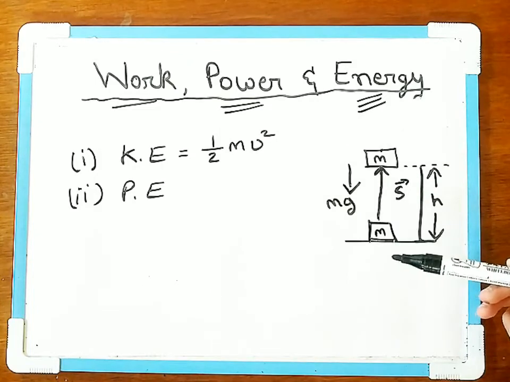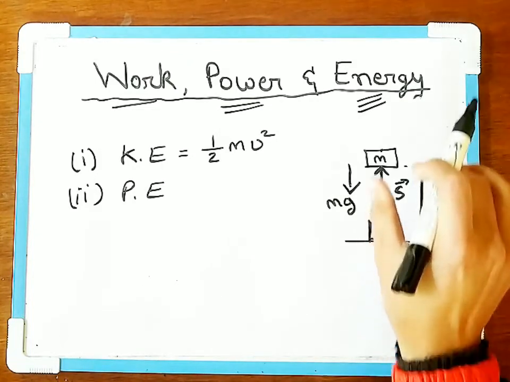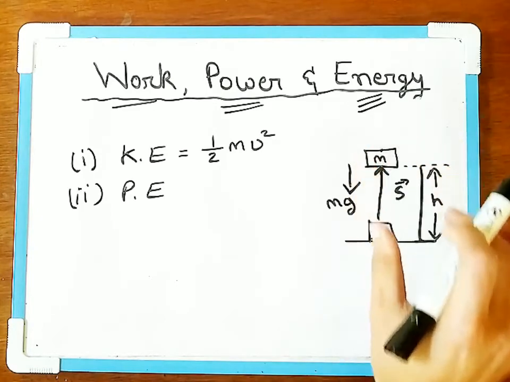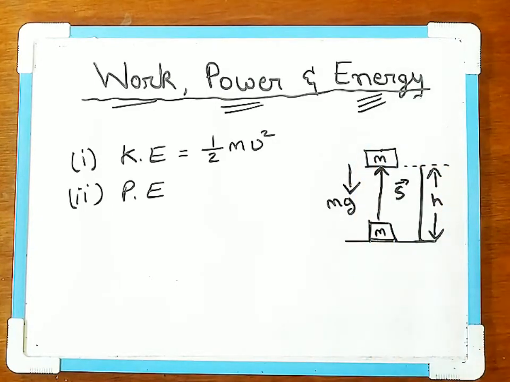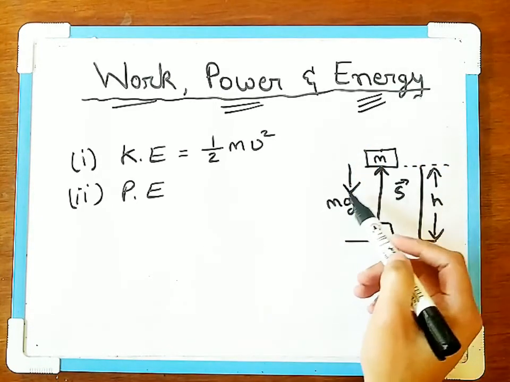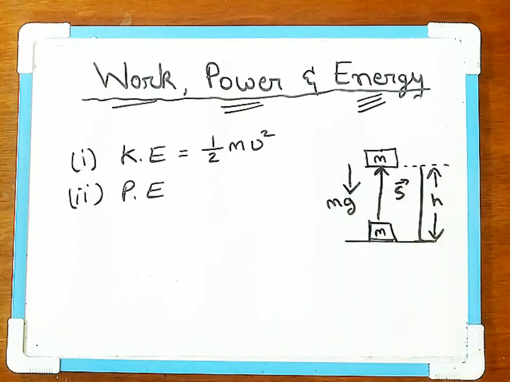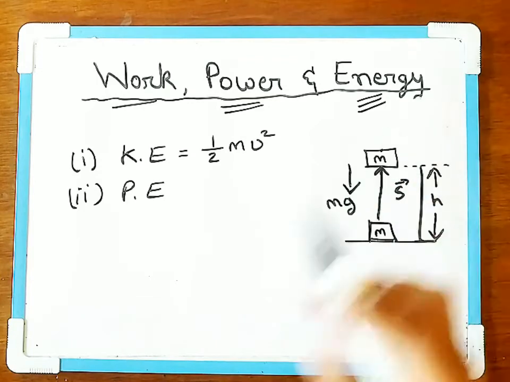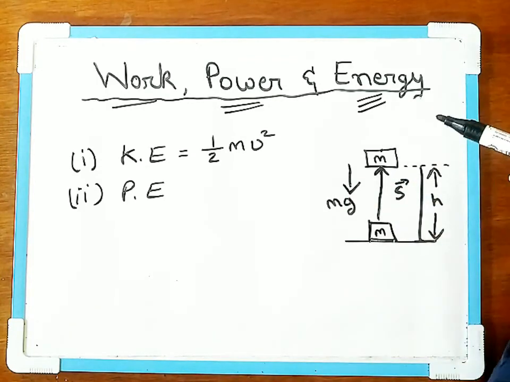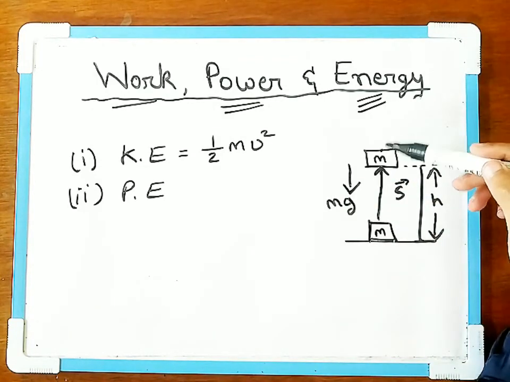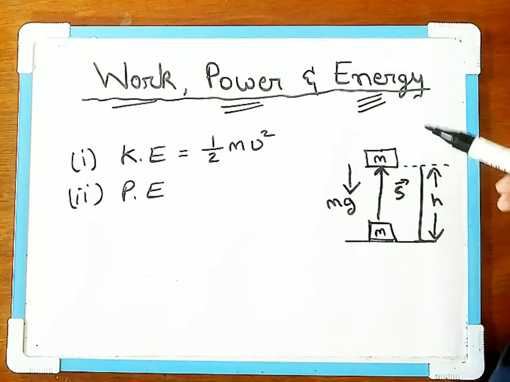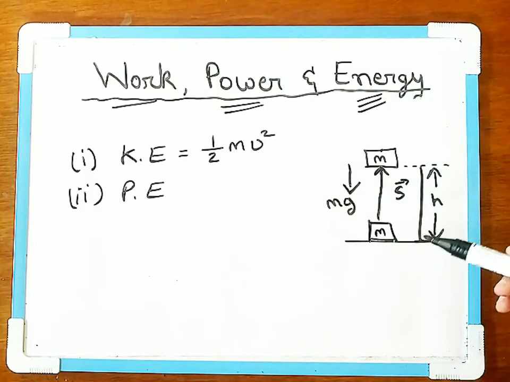So again, when you lift the object from this position to this position, you're changing the position, and that change in position against the opposing force gives rise to the potential energy stored in this object.